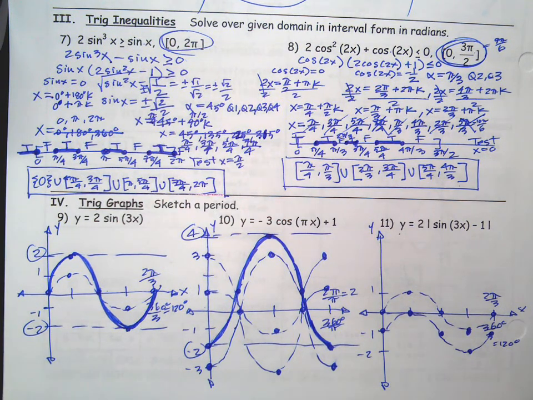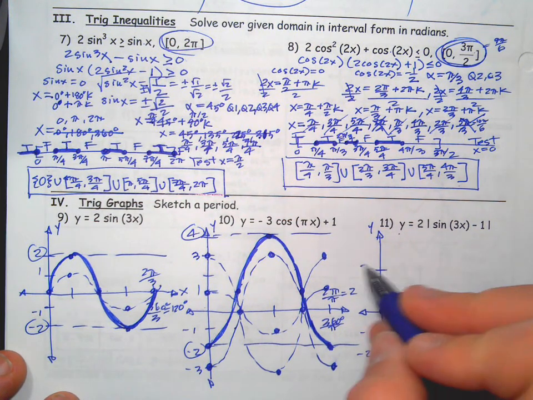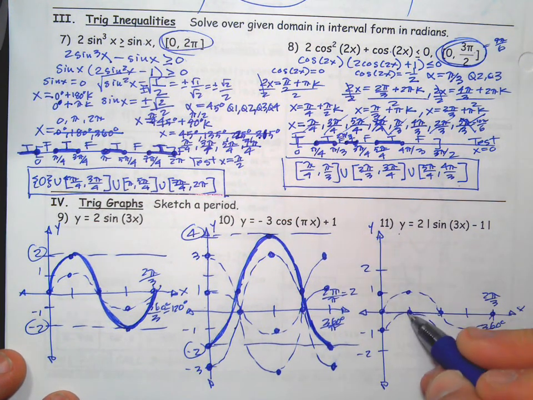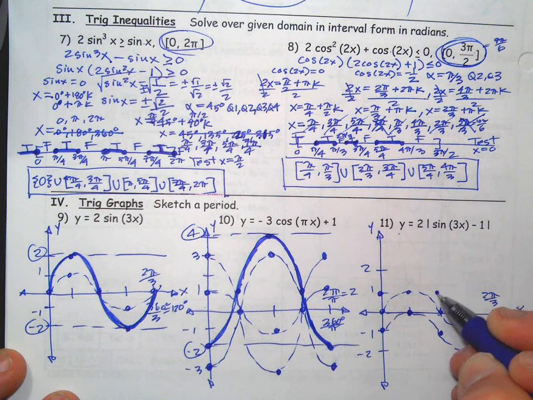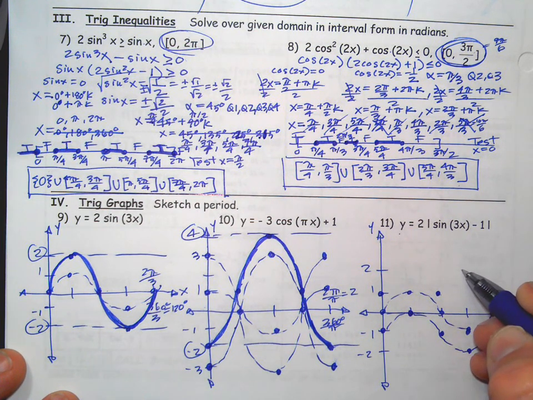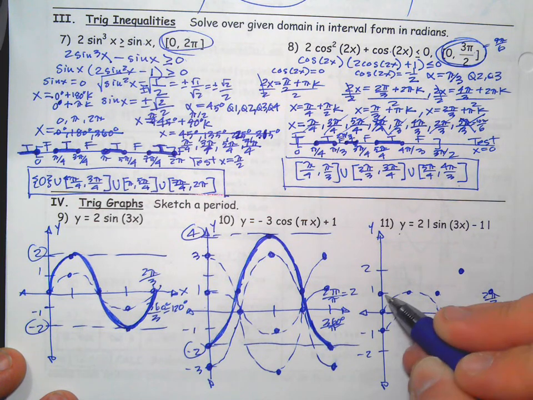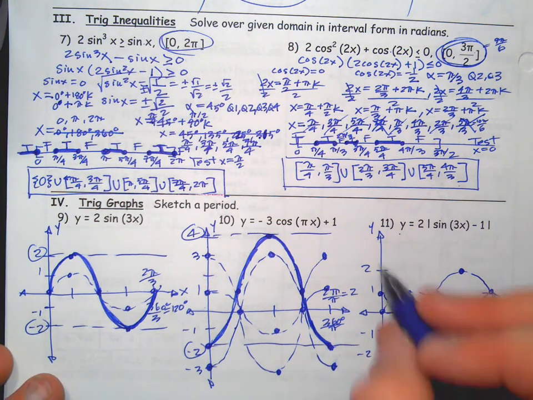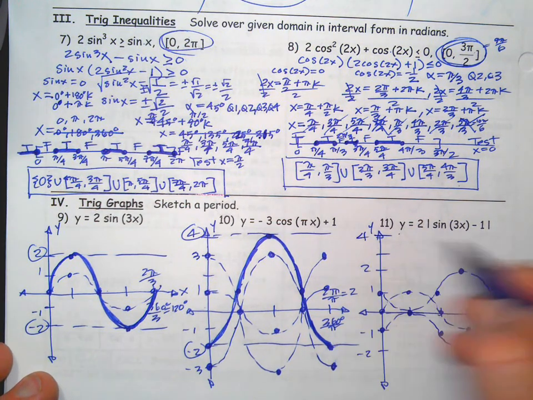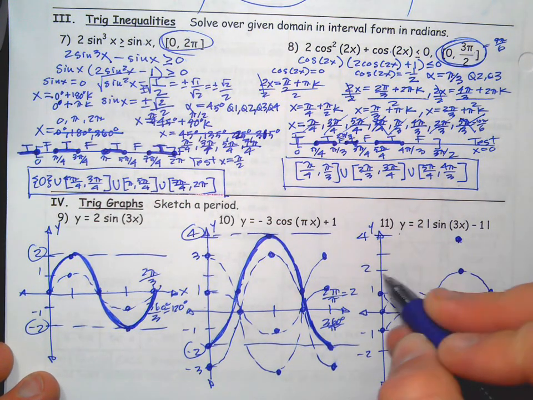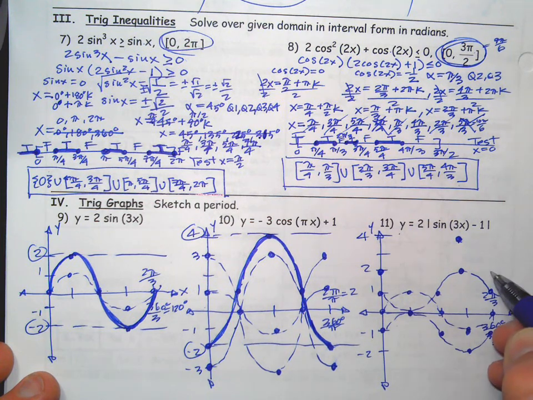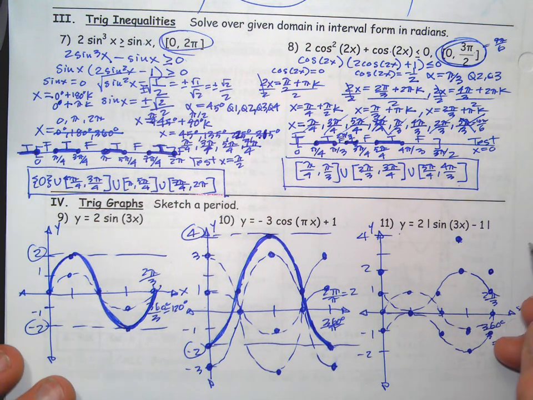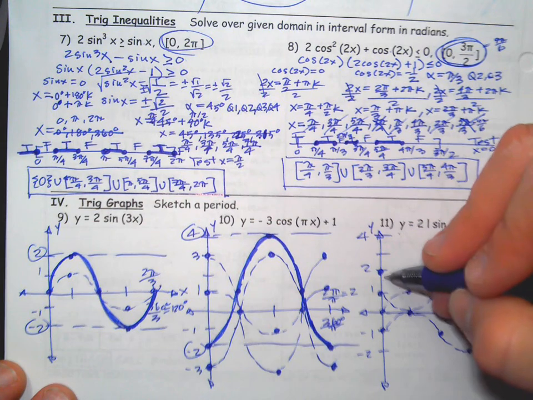And then the absolute value makes everything that's negative become positive. So that means this graph, essentially the whole graph, usually just parts of the graph get flipped, but this whole graph is all negative. So it all gets flipped. And then the 2 multiplies everything by 2. So this y value is 4, this one's 2, this one's 2, that one's 0.